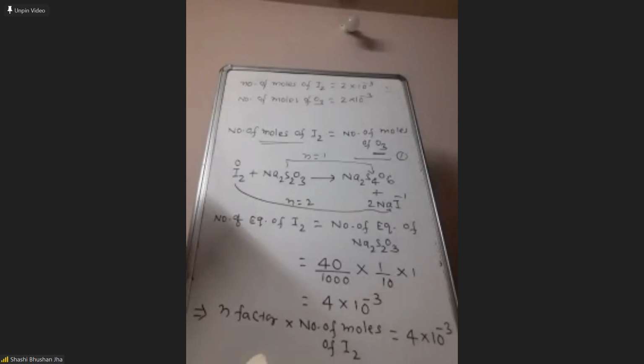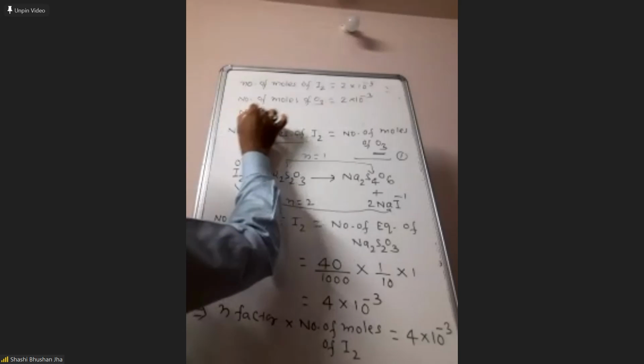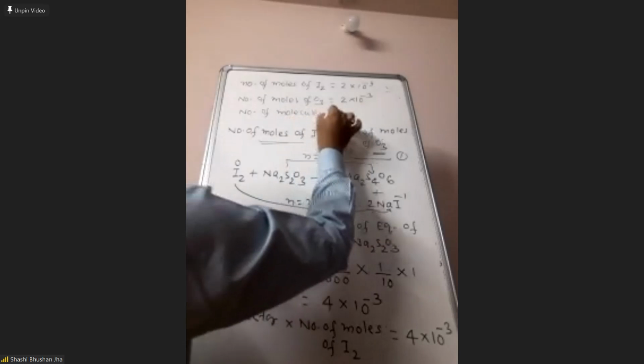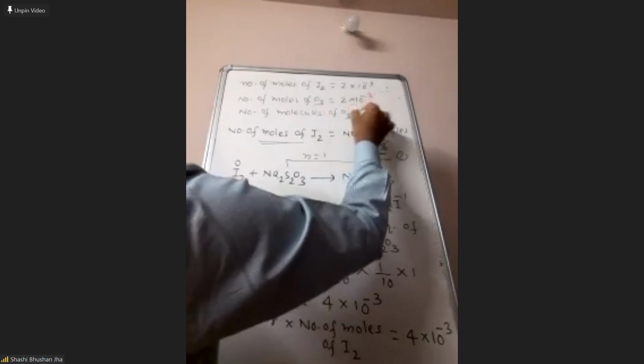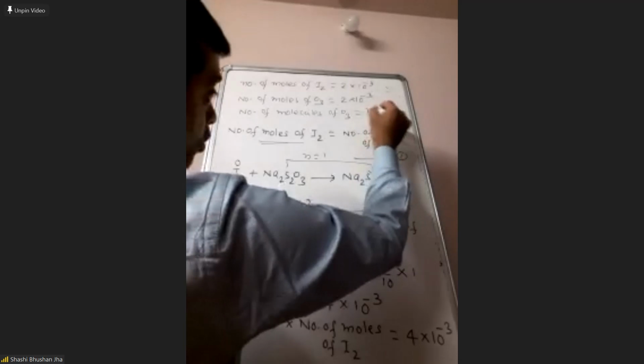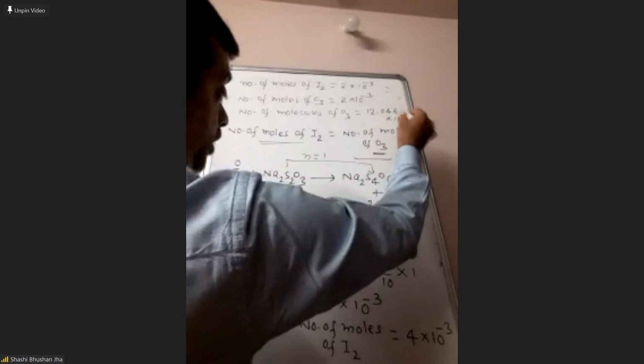It is said to assume that one photon can decompose one ozone molecule. You need to find the number of photons. So the number of molecules of ozone will be this multiplied by Avogadro number. It will become 12.046 into 10 to the power 20.